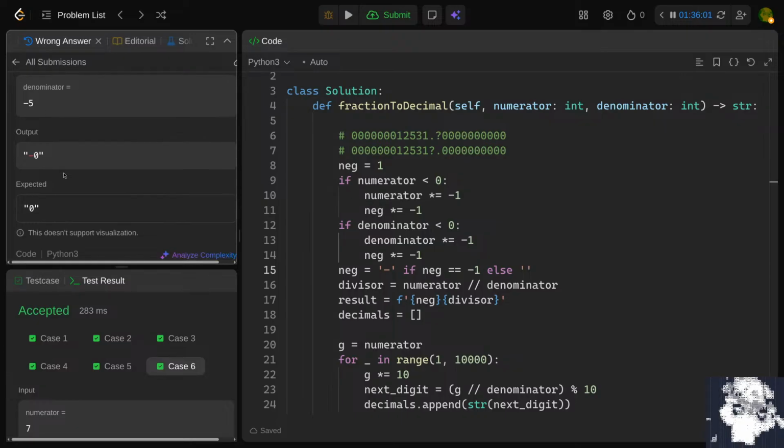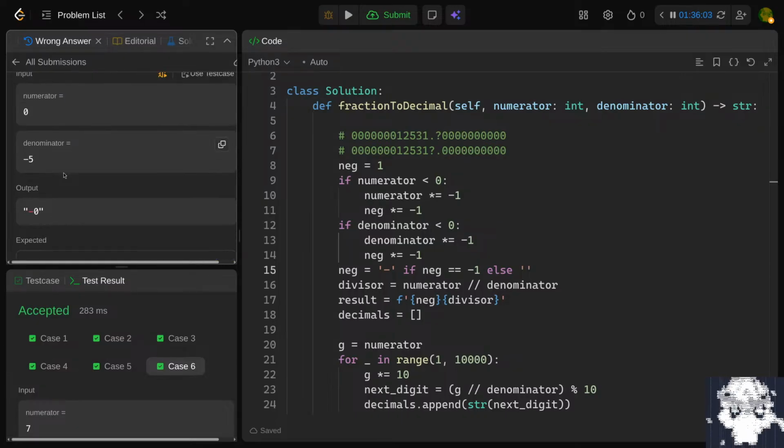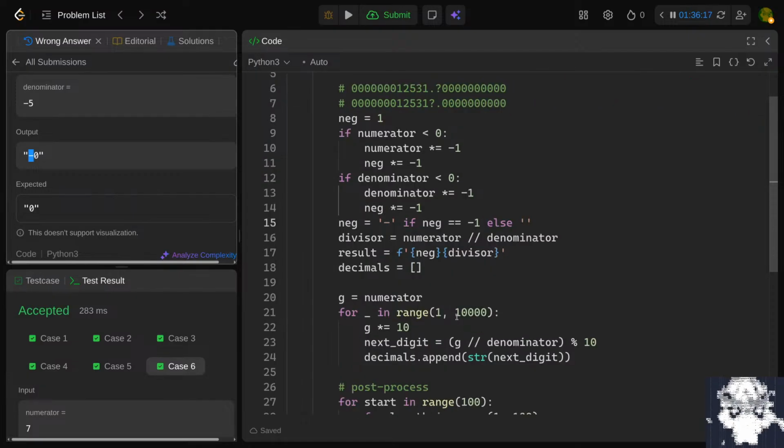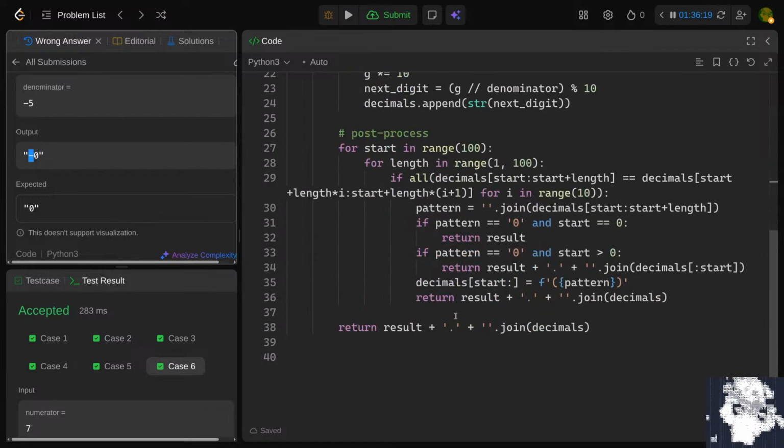No, it's just more negative stuff. Okay. This is so annoying. It's unless the result is exactly 0. Which you can only figure out at the end.